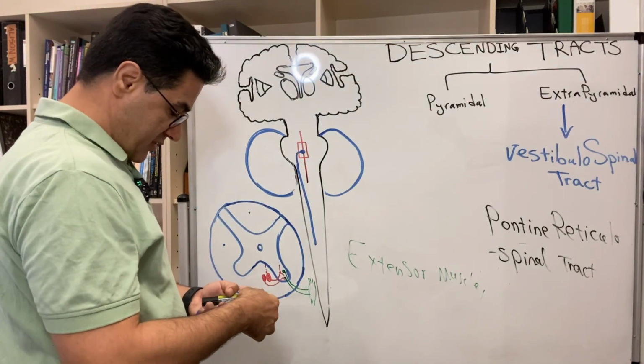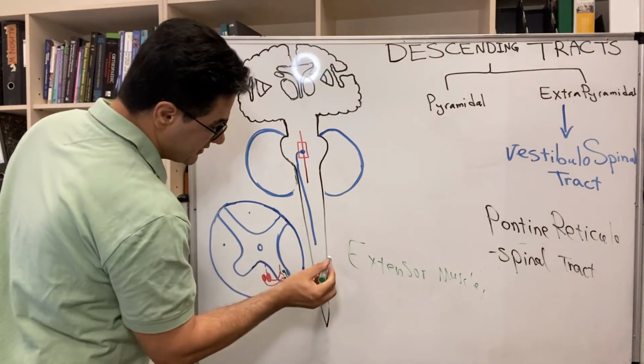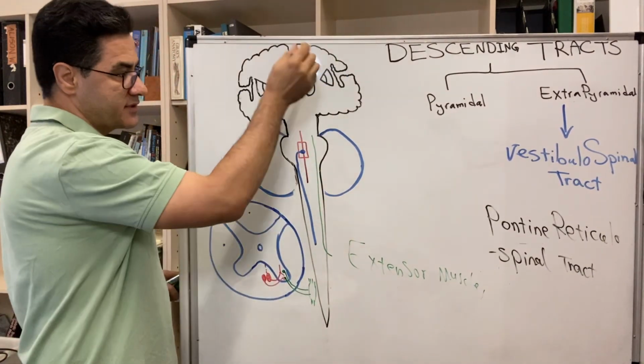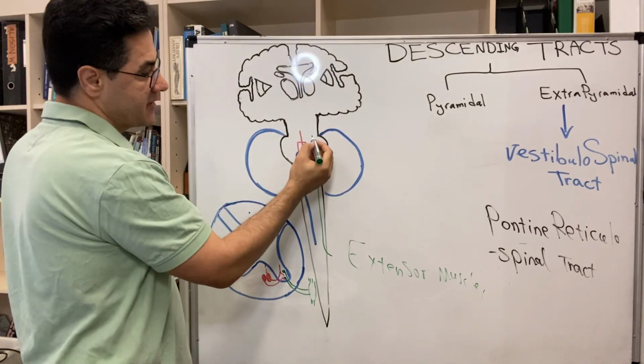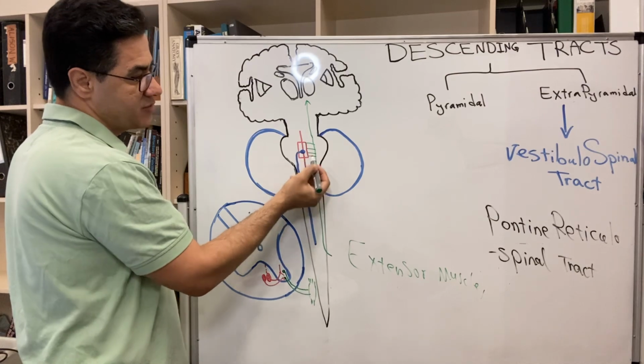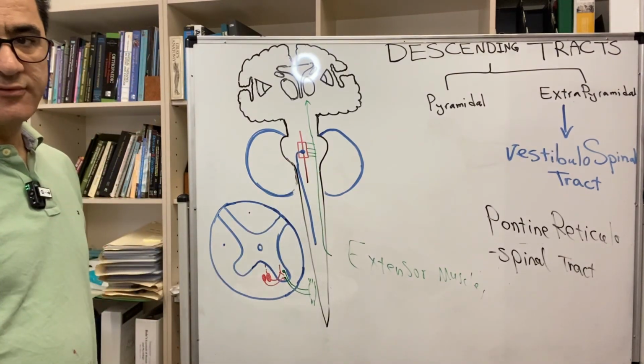So if you remember, we had some ascending tracts. When ascending tract going up to the upper centers or higher centers, they give off some collateral branches and stimulating the pontine reticular formation.